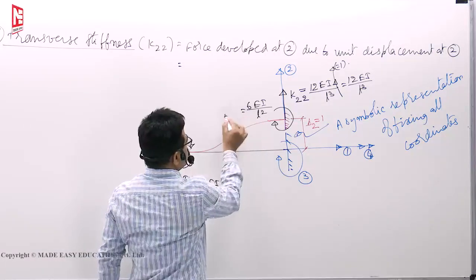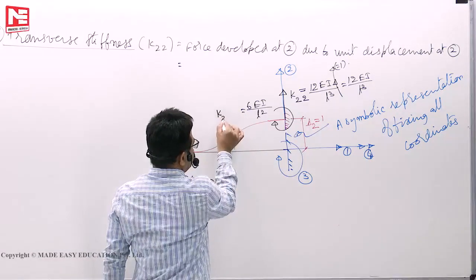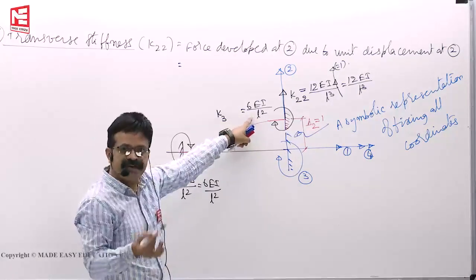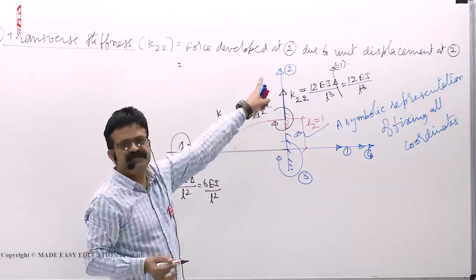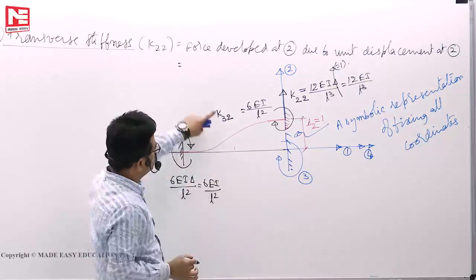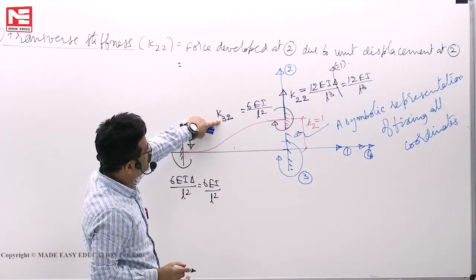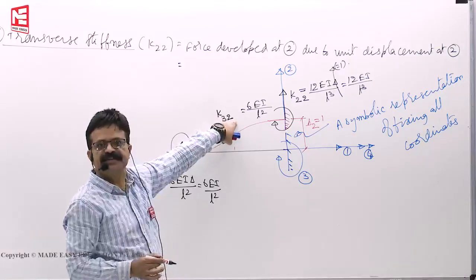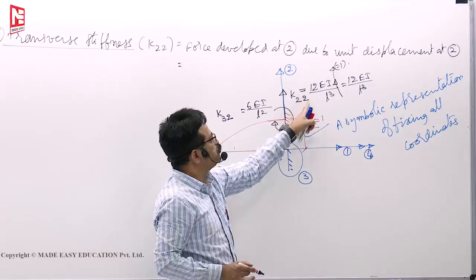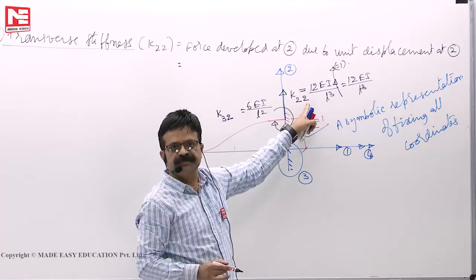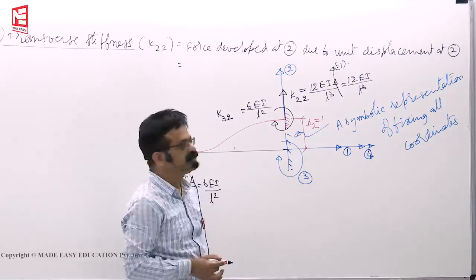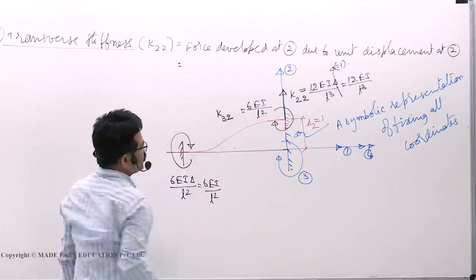This is the force developed at coordinate 3, 6 EI delta by L square, because of whom? Unit displacement at 2. So we call it K32. Force developed at 3 due to unit displacement at 2. Force developed at 2 due to unit displacement at 2. That means these are all the reactions that will develop like that. So this we take as K32.